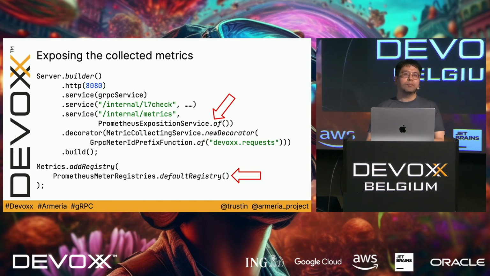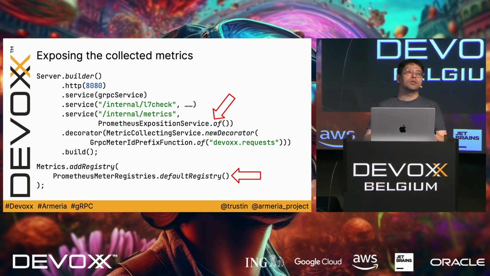The second part of this example shows that we add a registry, the Prometheus meter registries default registry. This is necessary because we are using Micrometer, and Micrometer is not only for a Prometheus registry, but can be any kind of registry for any metric collecting backend. So for example, it could be Datadog, or some other metric collecting system, Dropwizard, whatever.